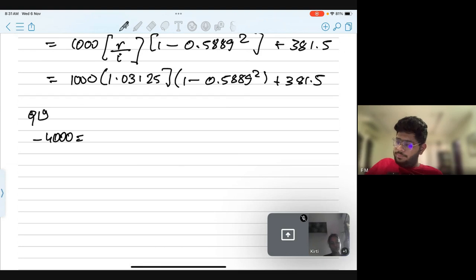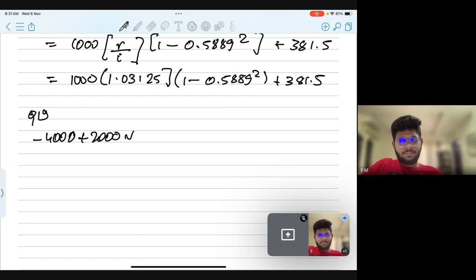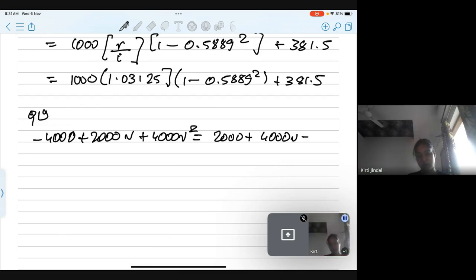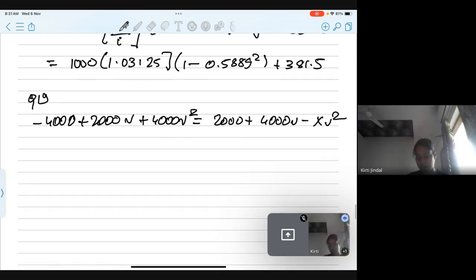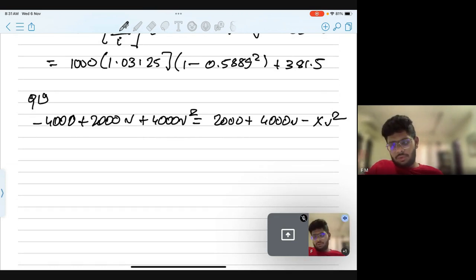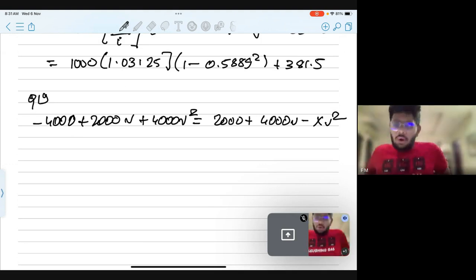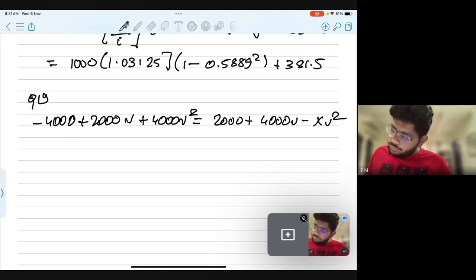Minus 4,000 plus 2,000 v plus 4,000 v squared is equal to 2,000 plus 4,000 v minus X v squared. Since when you equate those two things at an unknown v, that means you are calculating the IRR. Yeah, anyways, I was doing this only. They are saying that the two NPVs are the same.